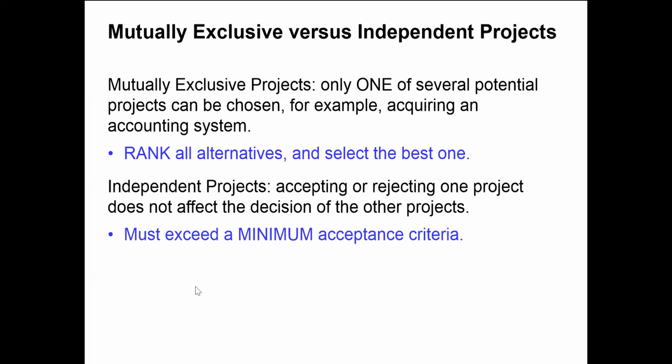But if you consider multiple choices at the same time, I mean, several different projects at the same time, we call this a mutually exclusive project, right? So you need to select one. Only one of the several potential projects can be chosen. For mutually exclusive projects, you need to rank all alternatives and select the best one.